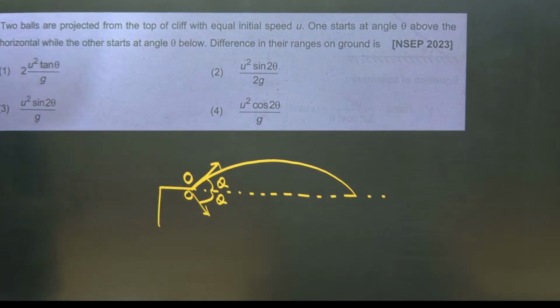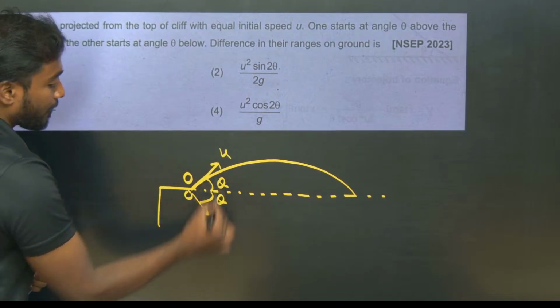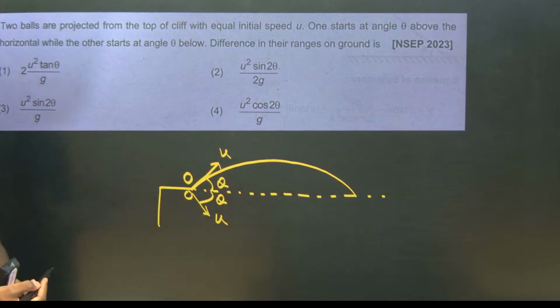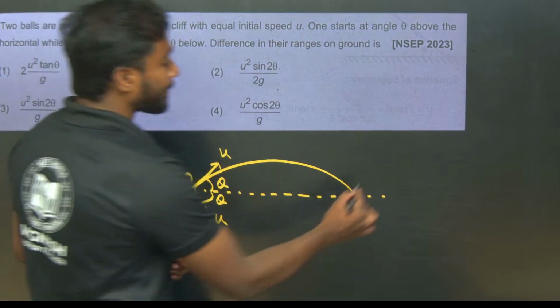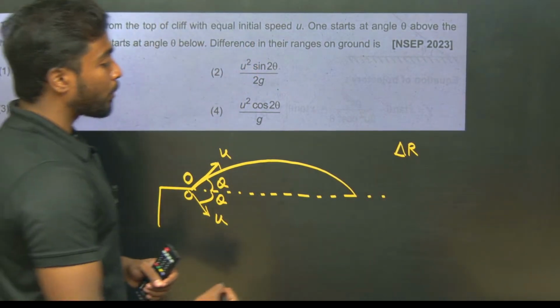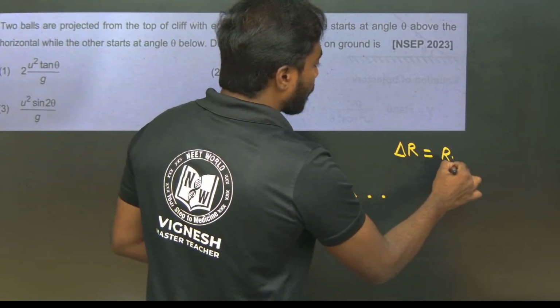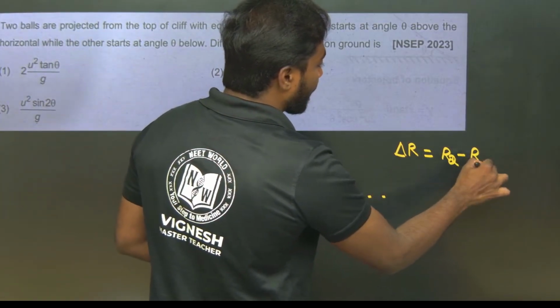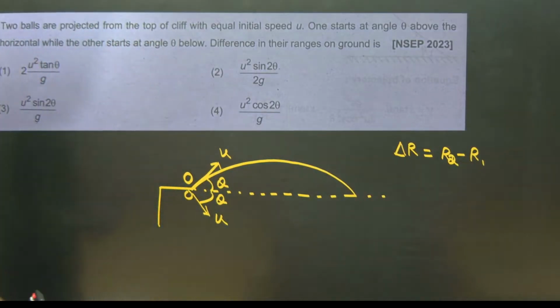Both are having initial velocity u, and they are asking the difference between their range. So delta r is r2 minus r1.